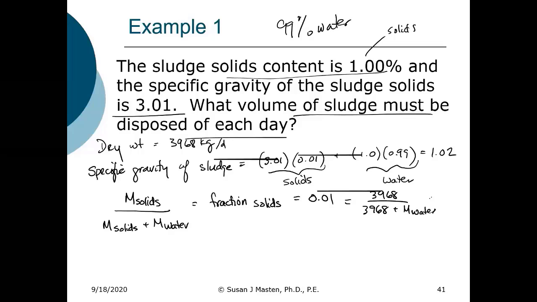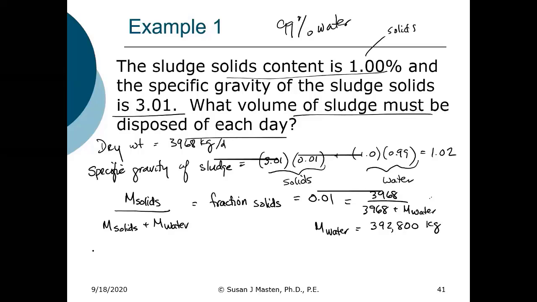And if we do the math, we calculate the mass of the water is equal to 392,800. So we have almost 400,000 kilograms of water in this sludge.